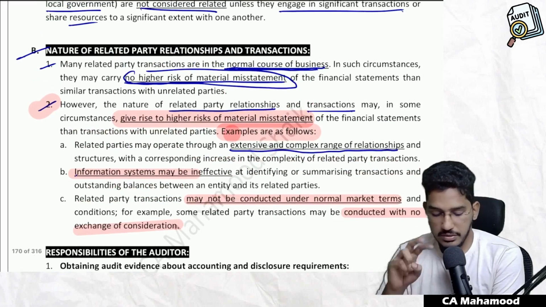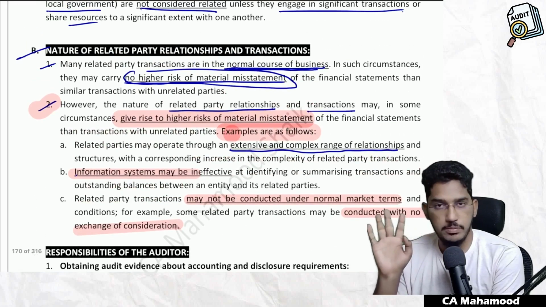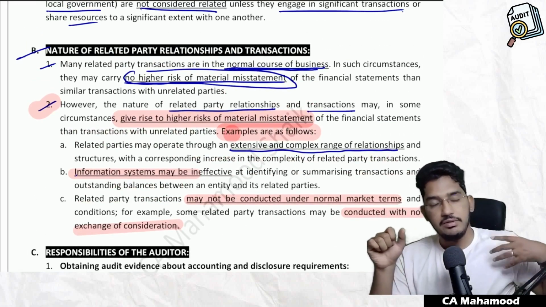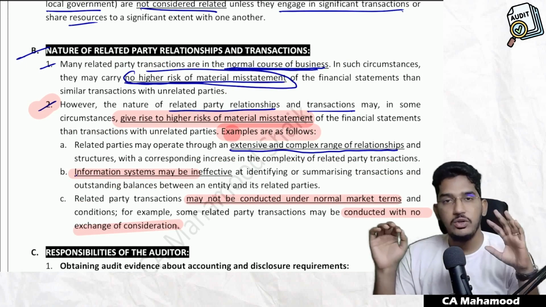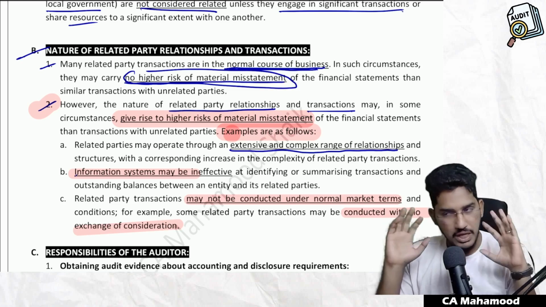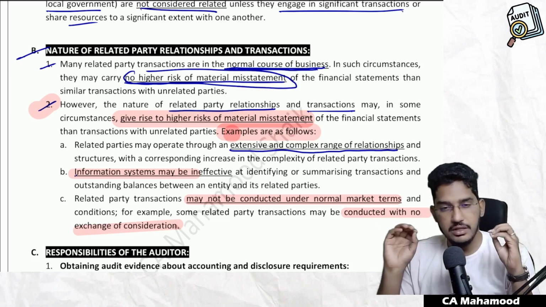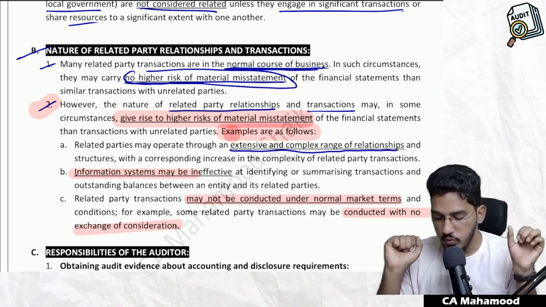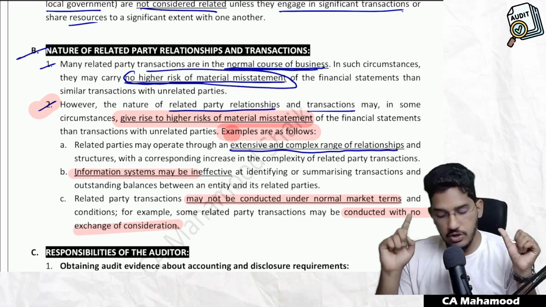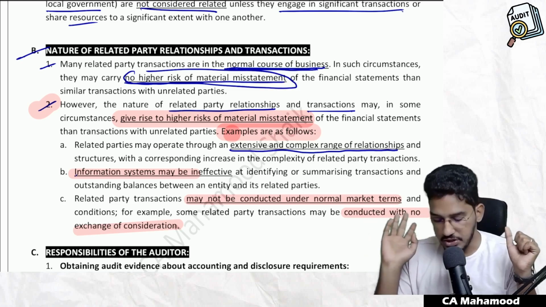Clear? So what is the summary of the second paragraph, guys? Nature of related party transactions. First, they are telling that if the related party transactions are happening in the normal course of business only, then they might not carry a higher risk of material misstatement. But in some cases, the risk of material misstatement arising from related party transactions will be higher. Three such examples I have given. Number one, related party transactions may operate through a very complex range of relationships.